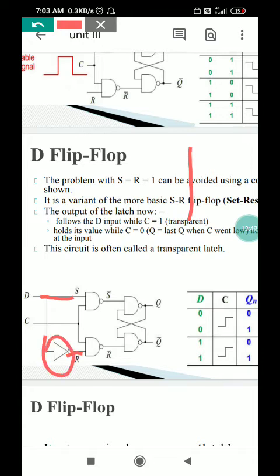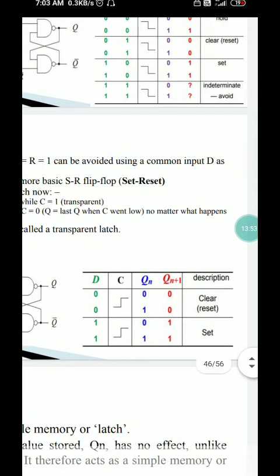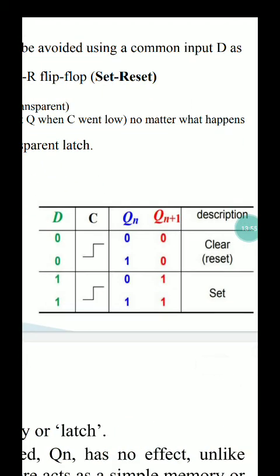That's all, nothing else has changed. Now if you look at the truth table, we have two columns, D and C. D for data, C for clock. D stands for delay. It will delay the output. That is the only logic.